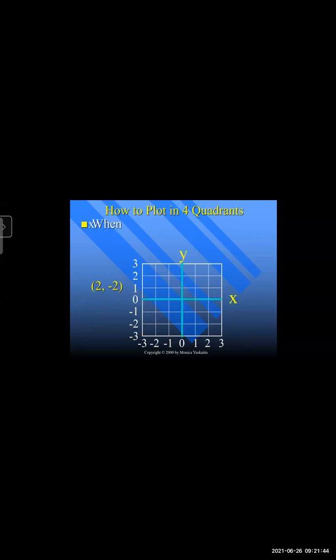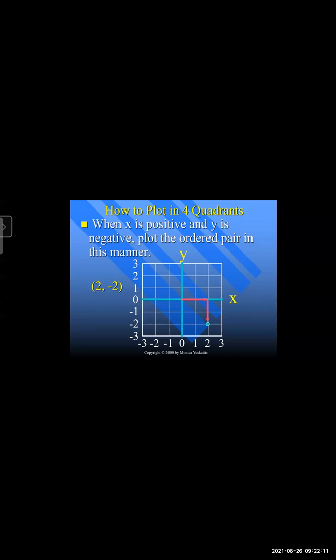Now, second, how to plot in the 4 quadrants? When x is positive and y is negative, we plot the ordered pair in this manner.